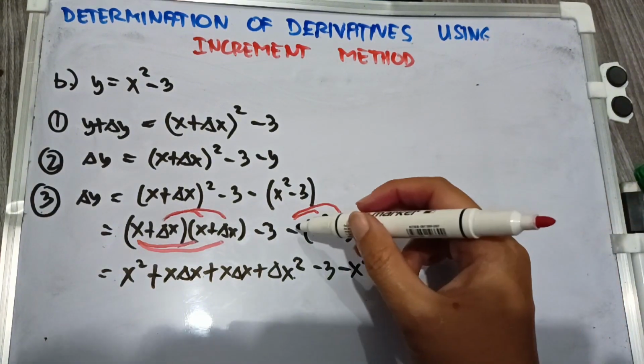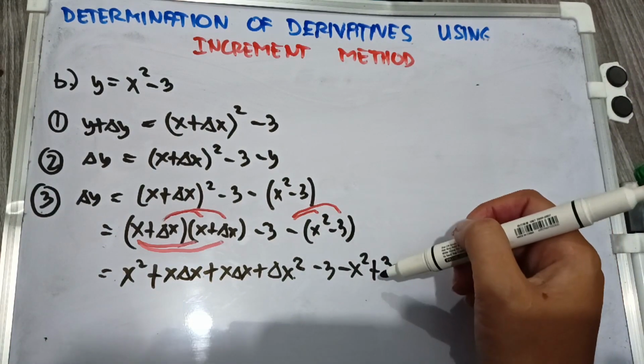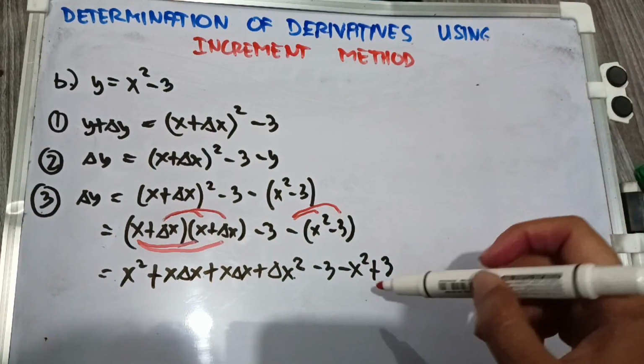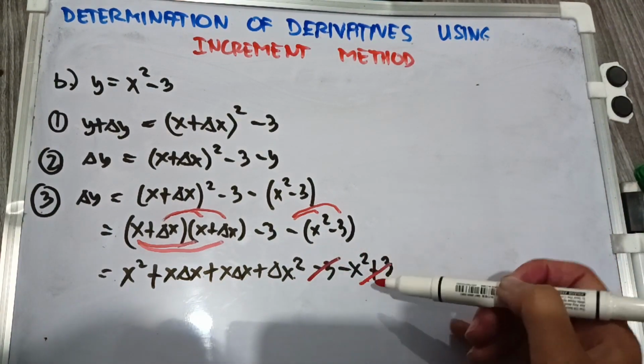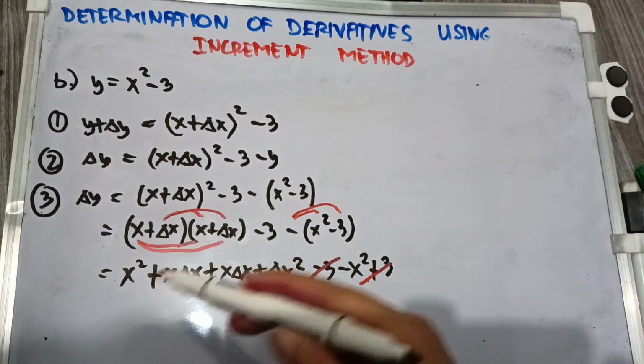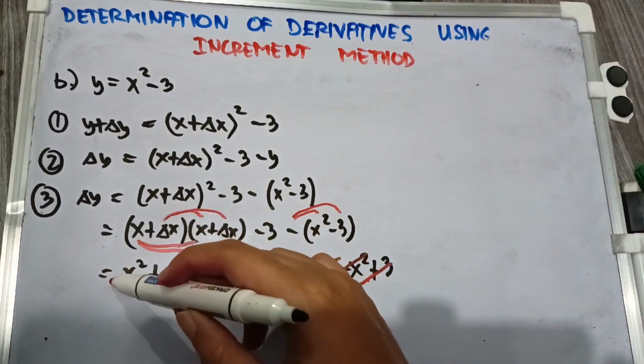Positive 3. Negative times negative is positive. Then positive 3 and negative 3, that will be 0. Cancel. Negative x squared and positive x squared, that will also be 0.